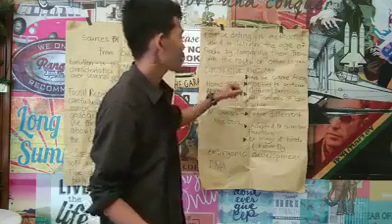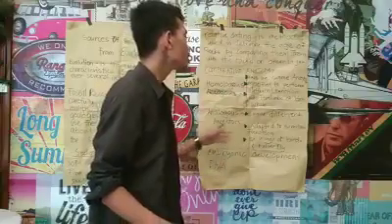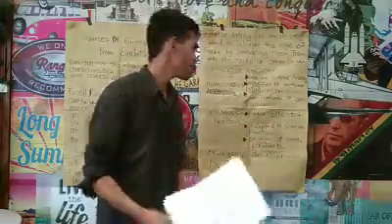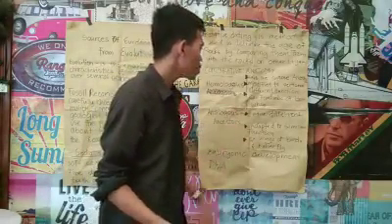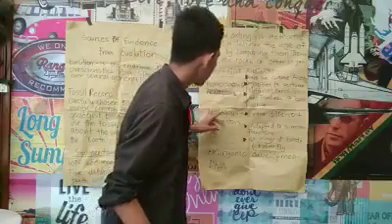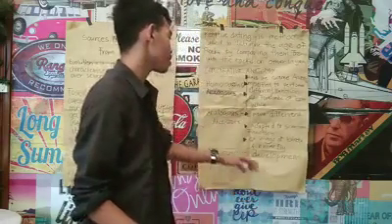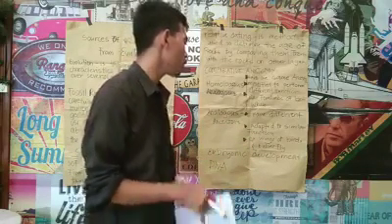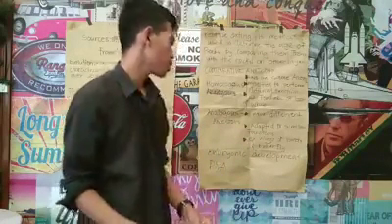Homologous is having the same ancestor, modified to perform different functions, and the example for this is the forelimbs of bat and whale. And analogous is having different ancestors and adapted to similar function, and an example for this is the wings of birds and butterfly.